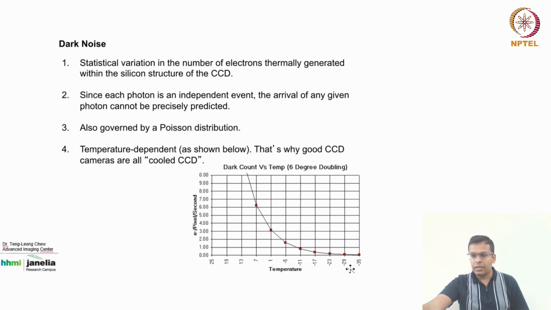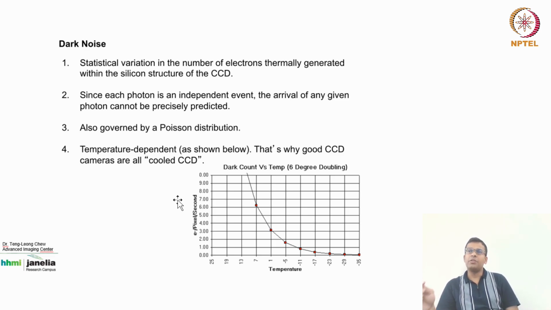If you run your camera at minus 29 or minus 35 degrees centigrade, then there is almost no dark noise. That's why most CCD cameras are known as cooled CCDs. There is thermoelectric cooling around the camera chip, which reduces its temperature to minus 35, or in some cameras even minus 80 degrees. So the better the cooling, the more you can get rid of the dark noise.